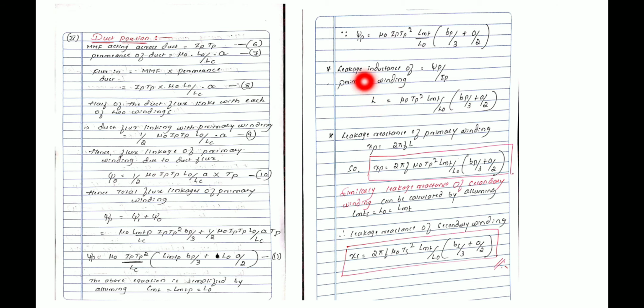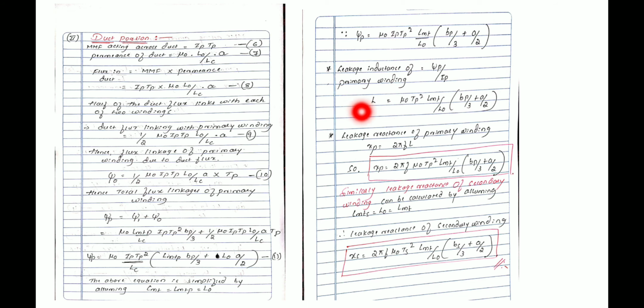That is represented by leakage inductance L. This will also be equal to psi P, that is mu naught IPTP square LMT divided by L0 into BP divided by 3 plus A divided by 2, divided by IP. This IP will get cancelled. So that is the reason I have not taken IP here. So only mu naught TP square LMT divided by L0 into the bracket of BP divided by 3 plus A by 2.